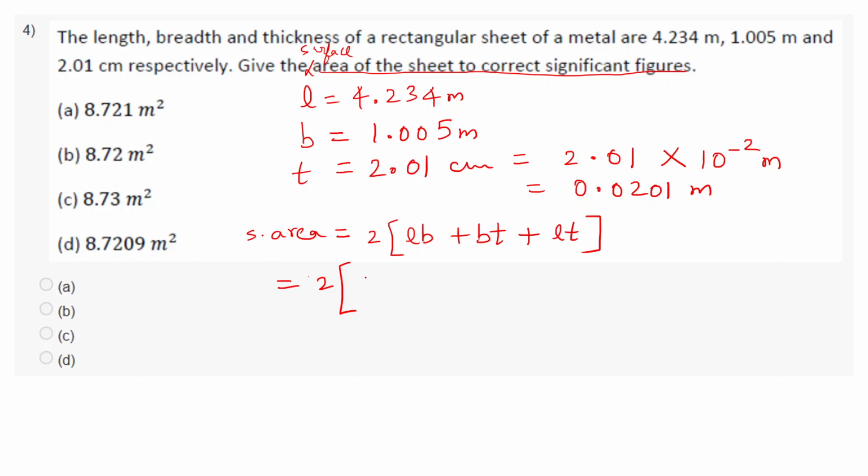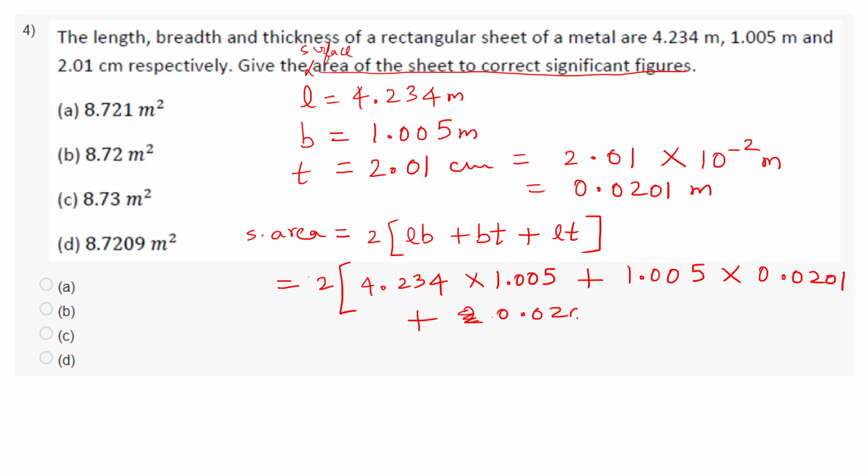So length is 4.234 times 1.005 plus 1.005 times the thickness, 0.0201, plus 0.0201 multiplied by 4.234.